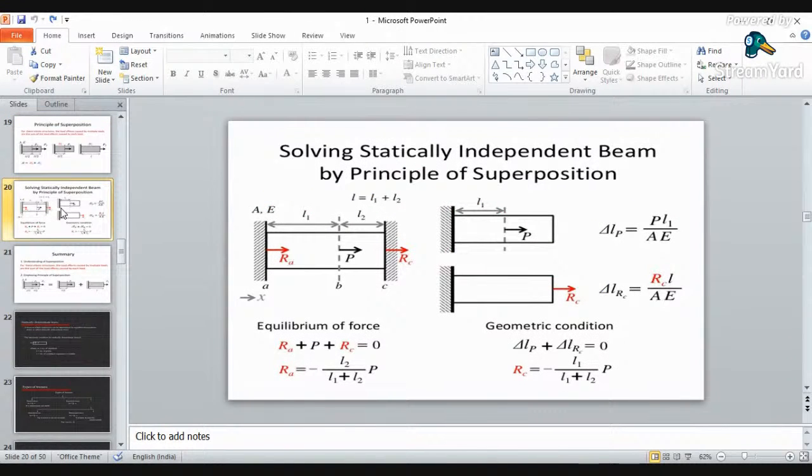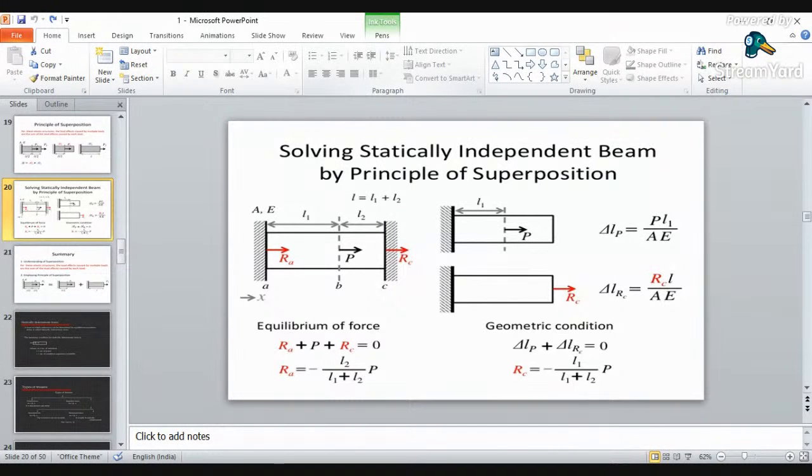Okay, just observe this solution. Now see here, we have to find the total change in length caused by the load P and the reaction R. First we find the change in length caused by the load P acting at a distance of L1, that is PL by A. Next we find the change in length caused by the reaction R, that is again RL by A. From the first figure, because of equilibrium, the summation of forces must be equal to 0, so you will find the reaction from here.